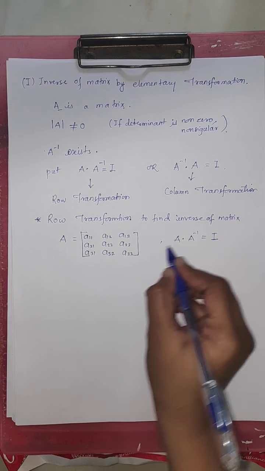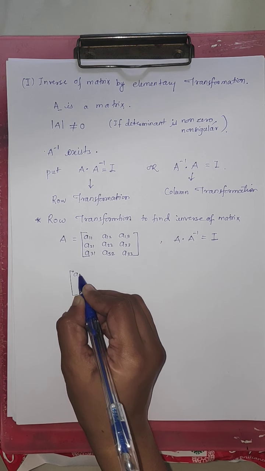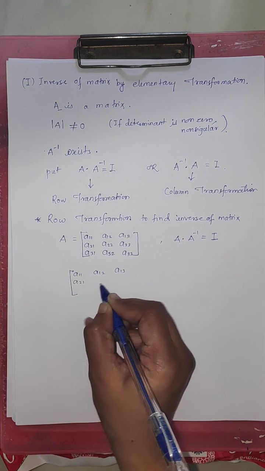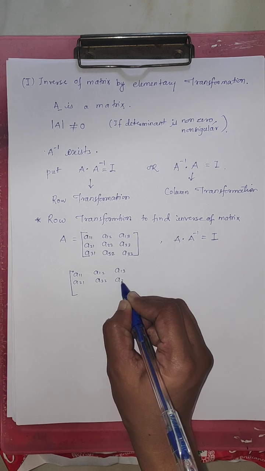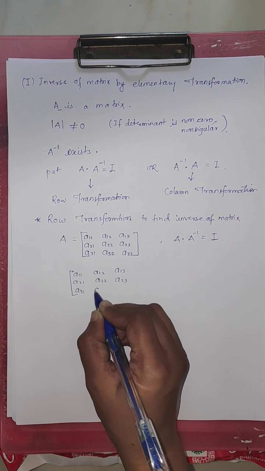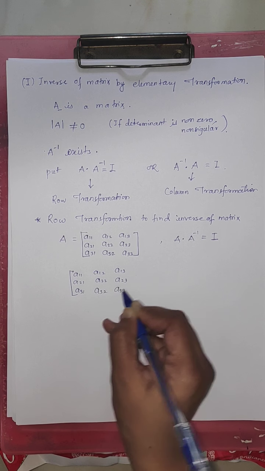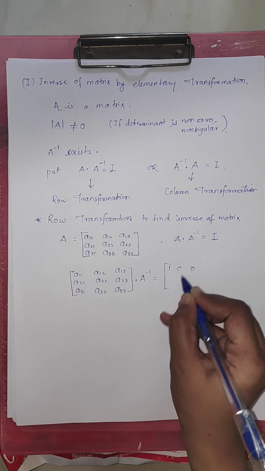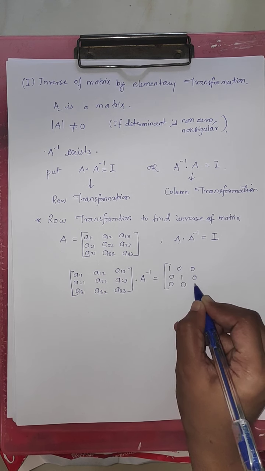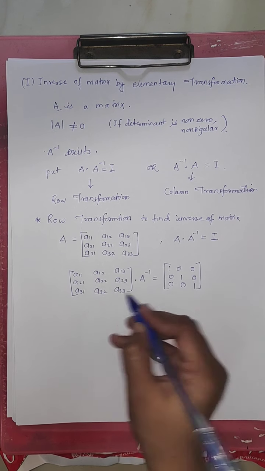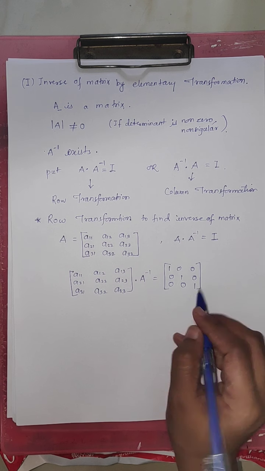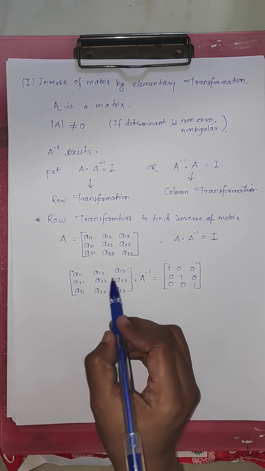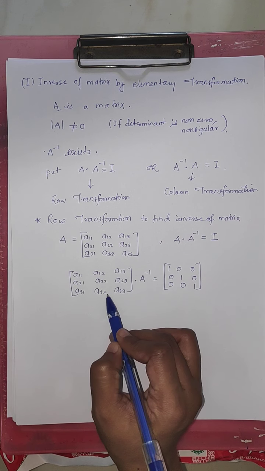That means if you put A here, A11, A12, A13, A21, A22, A23, A31, A32, A33 into A inverse equals identity 1 0 0, 0 1 0, 0 0 1. Since it is a matrix of order 3, the identity will also be of order 3. So you want to find A inverse. So how to find A inverse by elementary transformation? You have to convert this matrix into identity.